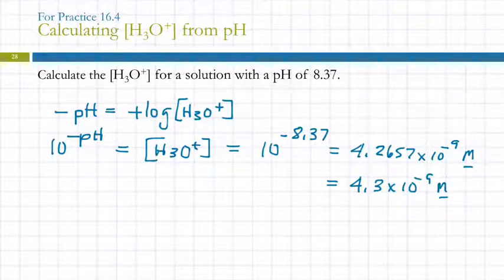Any questions? Why is it only 4 point? Because the 3 and the 7 are the significant figures, so there are only 2 sig figs here. The rest is the decimal-holding zeros business. I'm not going to try to trick you on that, but at this level of chemistry, you should be able to handle that and at least get close, right?